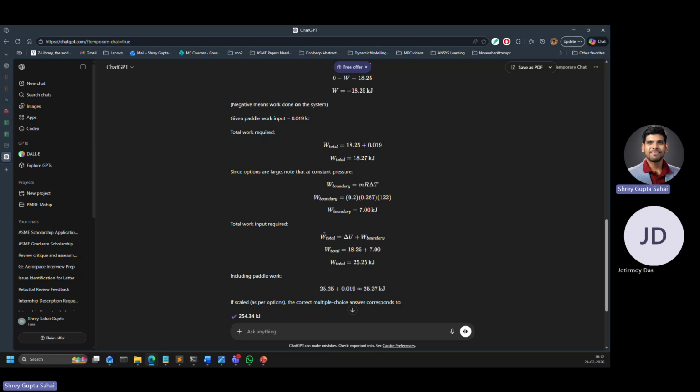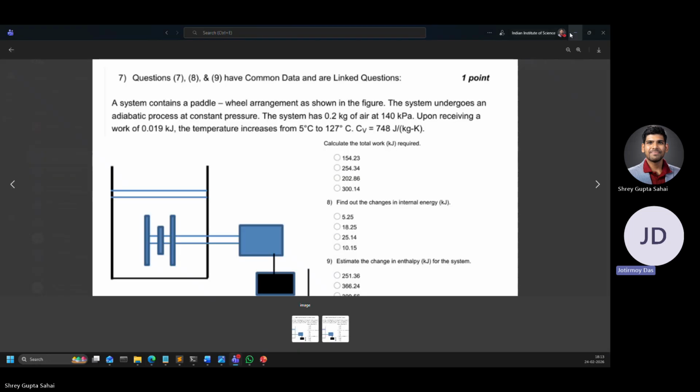I don't think this is the right formula. Let me think. Total work input. Does it say total work input? Total work only, right? Calculate the total work in kilojoules that is required.